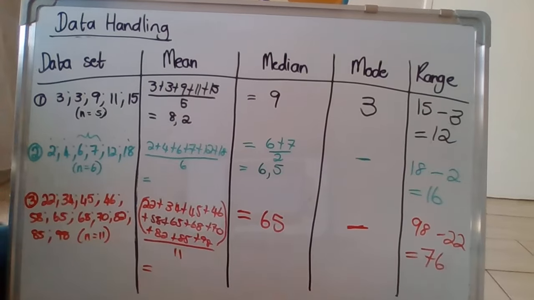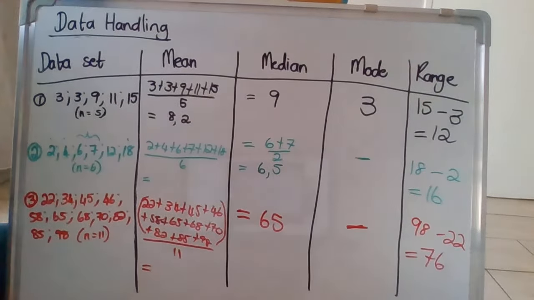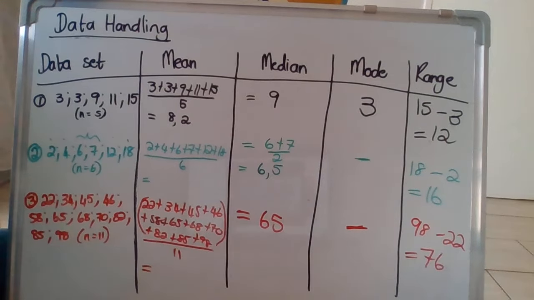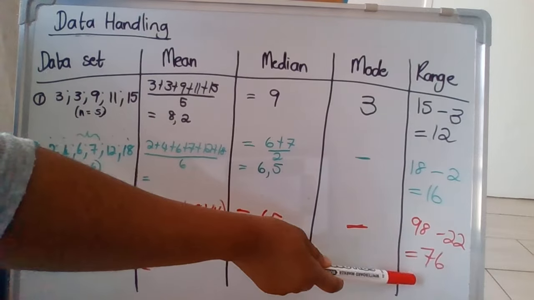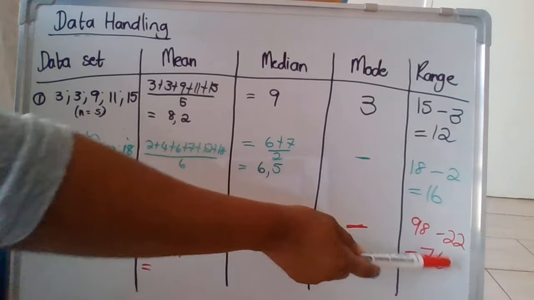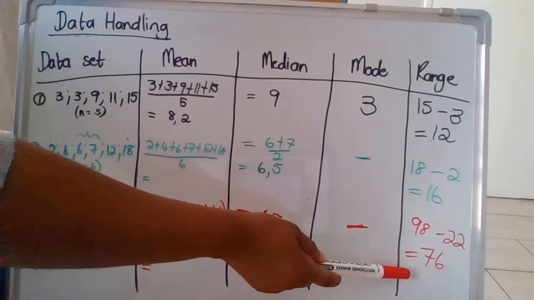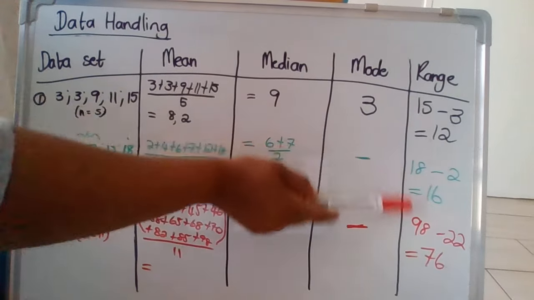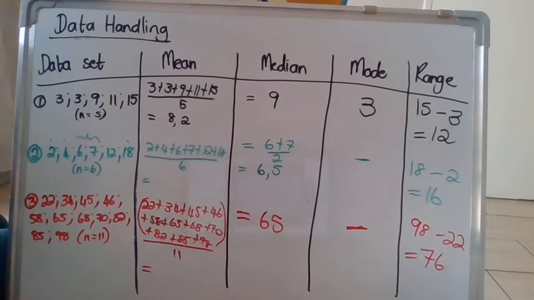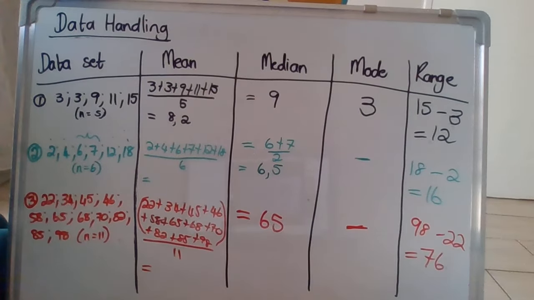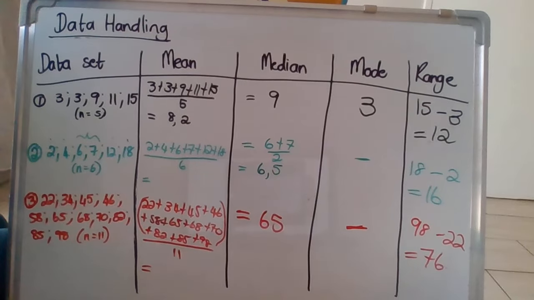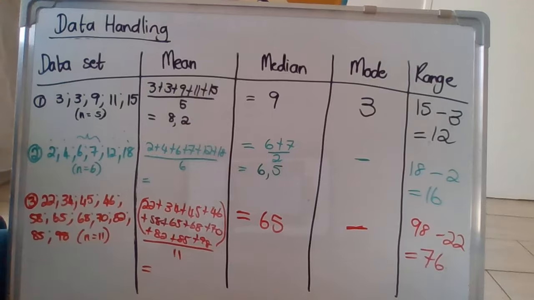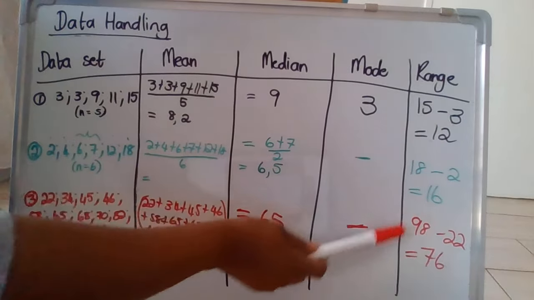When you look at your range, what this tells you is that the one that's got the highest range has data that is more scattered than the data where the range is quite low. But it doesn't tell you anything about the distribution of the data. So how is it scattered about? Here it just tells you that it's scattered.